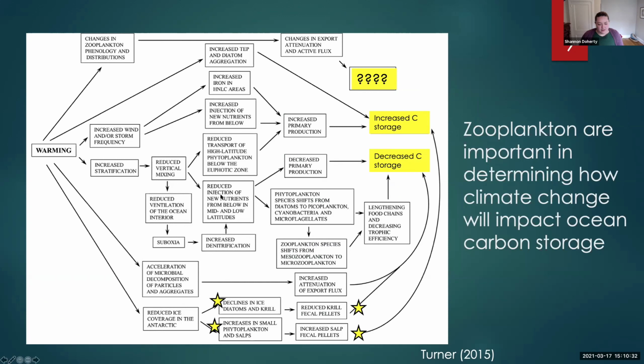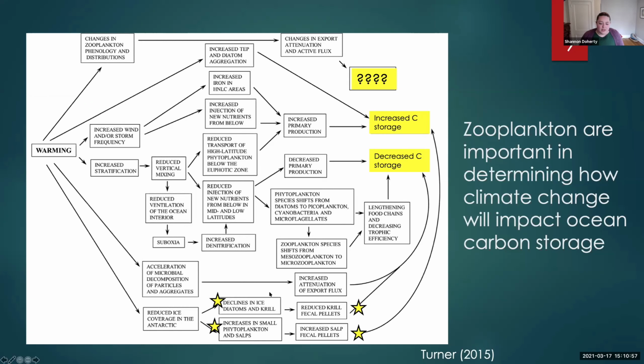And I'm going to focus on this very bottom path where reduced ice coverage in the Antarctic leads to declines in diatoms and krill, and increases in small phytoplankton and salps. This would result in reduced krill fecal pellets, which would lead to decreased carbon storage, and increased salp fecal pellets, which will lead to increased carbon storage.